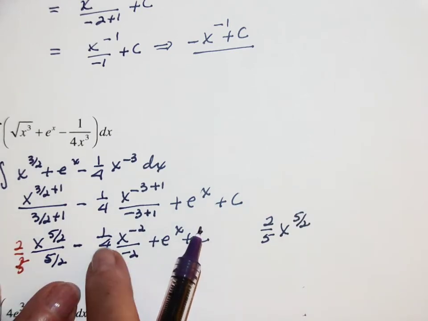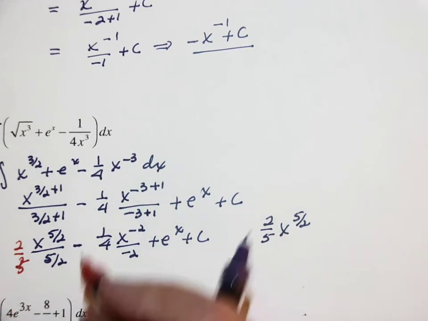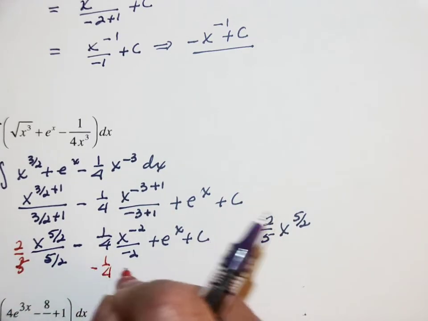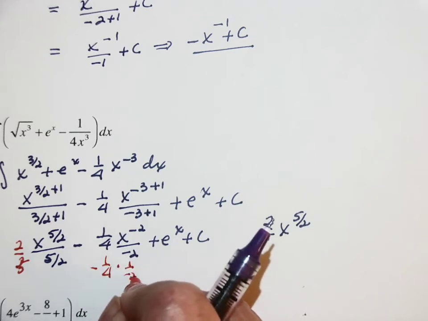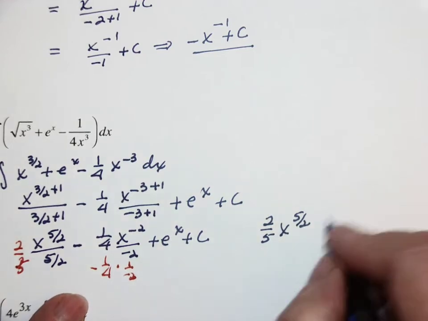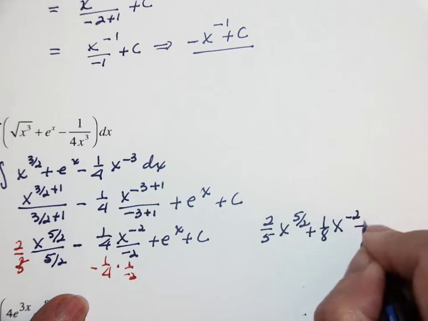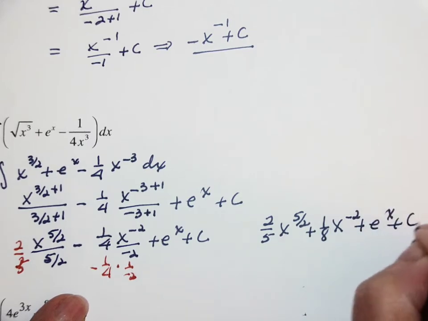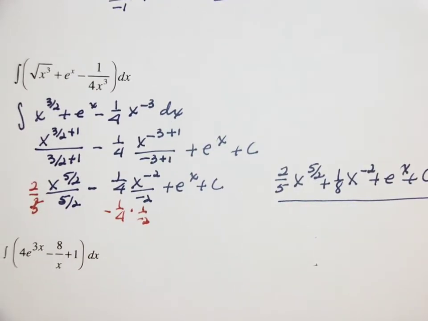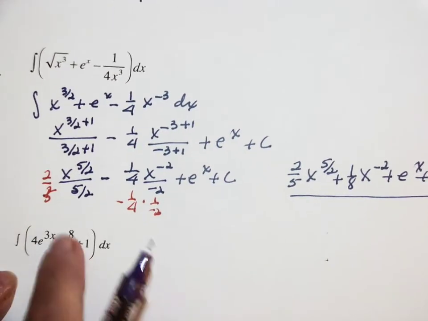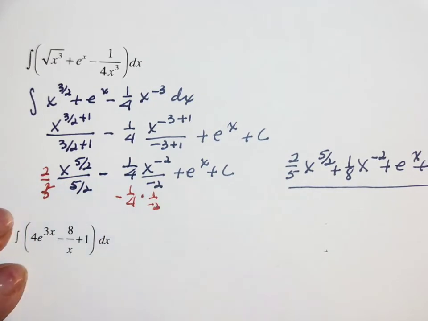Then this becomes minus 1/4 times 1 over negative 2. That becomes a positive 1/8 x to the minus 2 plus e to the x plus c. Poor planning on my part with the denominators that I have there.